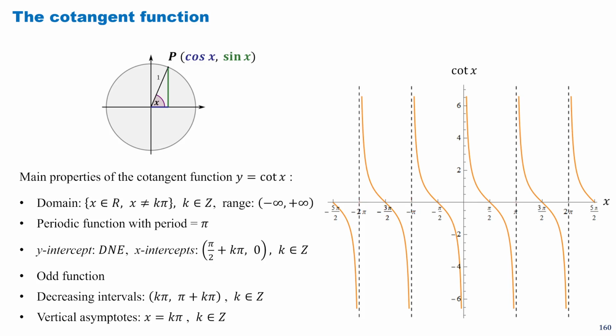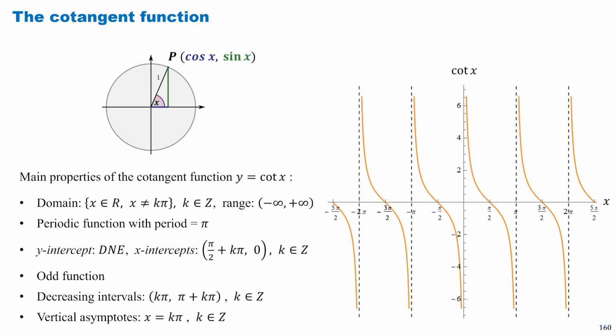And cotangent function is also a periodic function. The minimum positive period is pi, and there are infinite number of x-intercepts, and there are no y-intercepts. And cotangent function is also an odd function because we have cotangent negative x equals negative cotangent x for all x belongs to the domain.